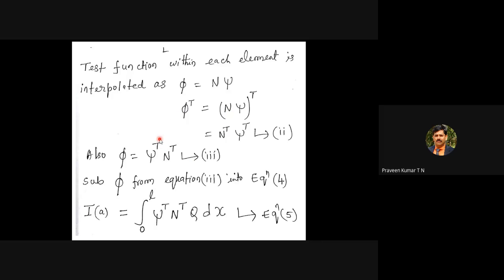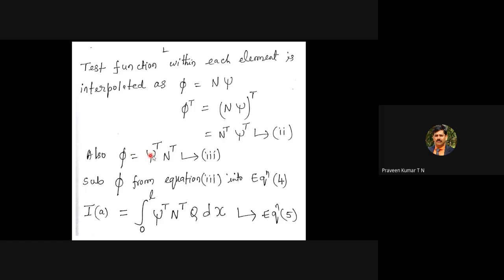Finally, there is a mathematical rule: if C is equal to AB, C transpose is equal to B transpose into A transpose. There is one more vector formula we might have studied. In a similar way, we can write phi equal to xi transpose into N transpose. Don't consider phi equal to N transpose into xi transpose.